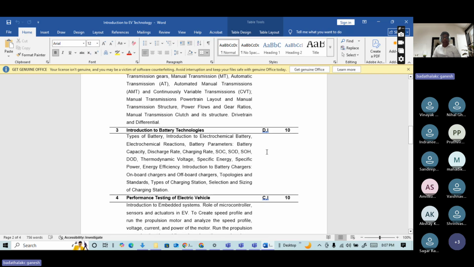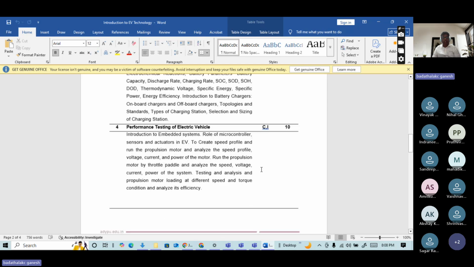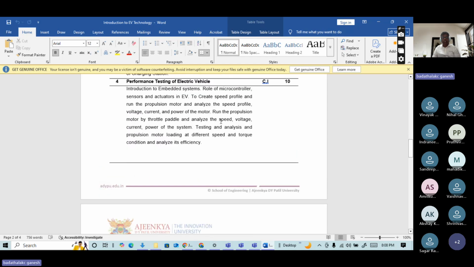The third one is related to the BMS, battery management system: SOC, SOH, and all that. And performance testing of electric vehicles, which will be mostly practical.